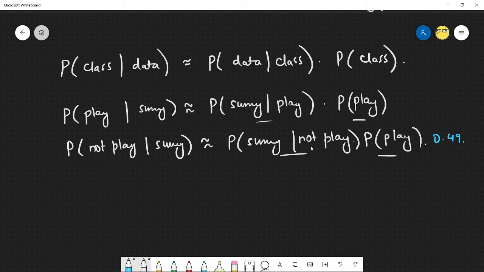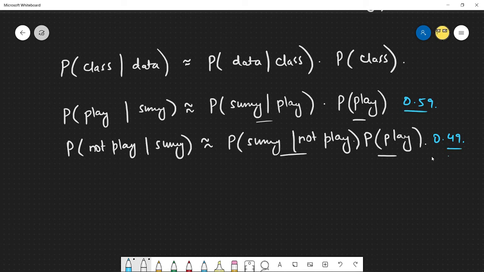And in the other way, if I were to compute all of these, and I'm going to put a random value here, let's say this came out to be 0.59. So now you're saying that the probability that I am going to play given that the outlook is sunny is 0.59.